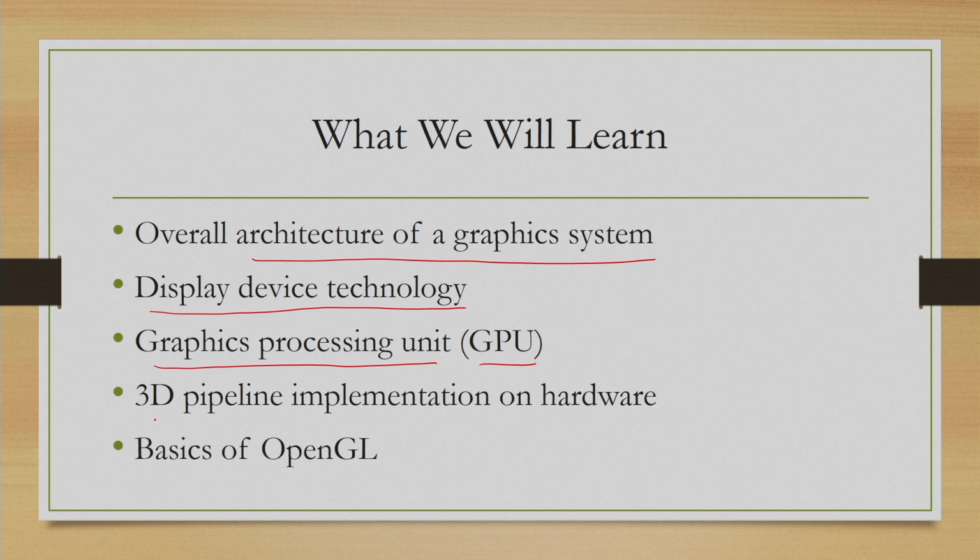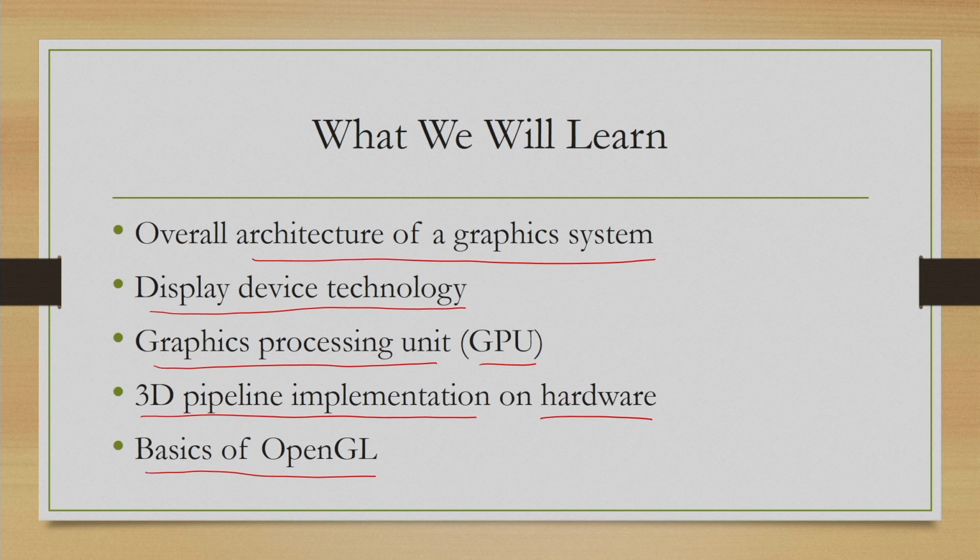Then we will mention how the 3D pipeline is implemented on graphics hardware, and finally we will learn about OpenGL, which is a library provided to ease graphics software implementation.